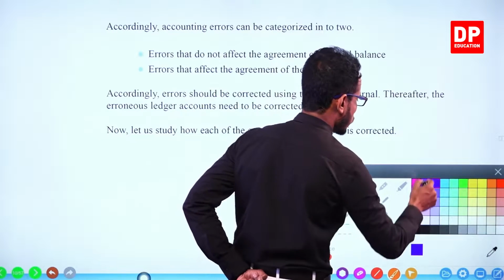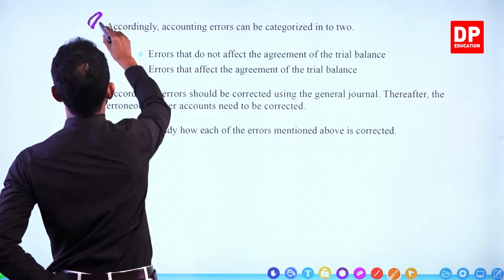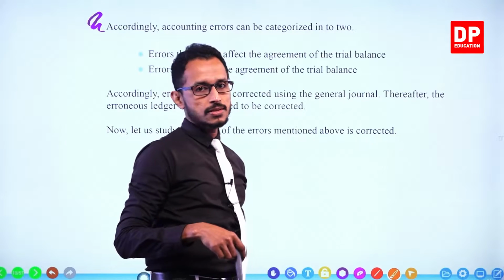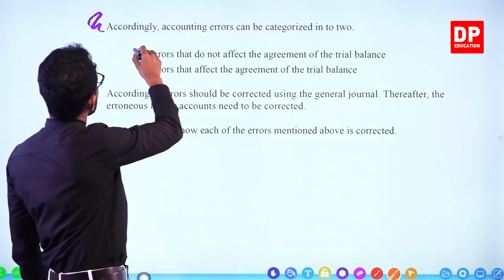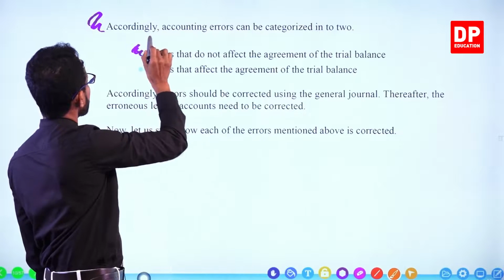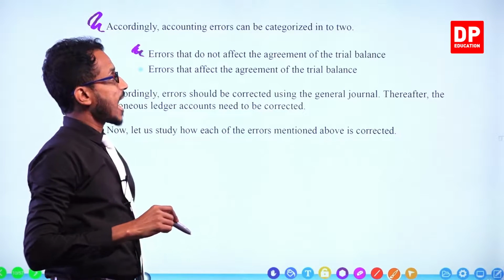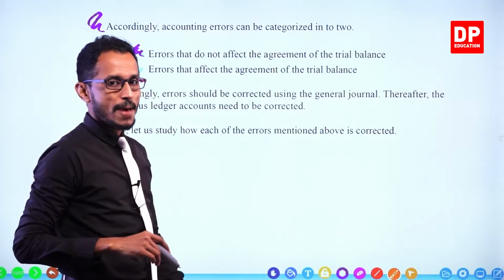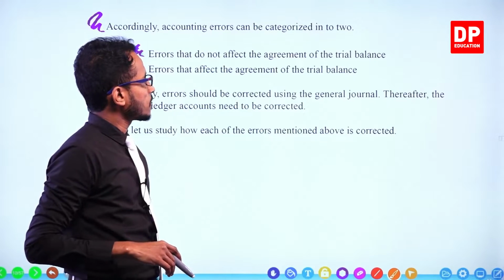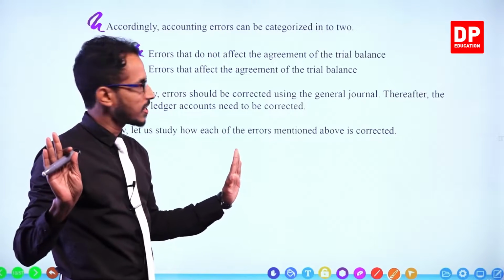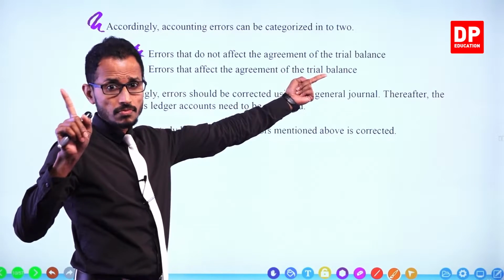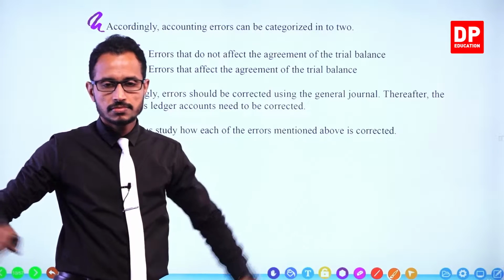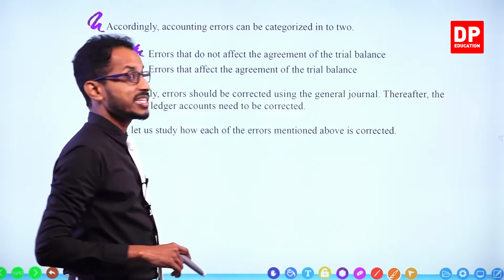First category: errors that do not affect the agreement of trial balance, which means even though these errors are there, the trial balance is balancing. These are the most serious errors.